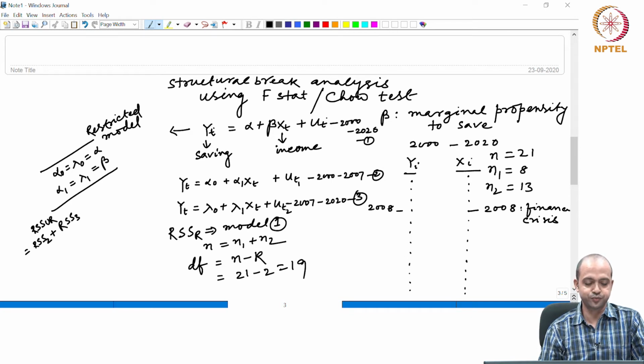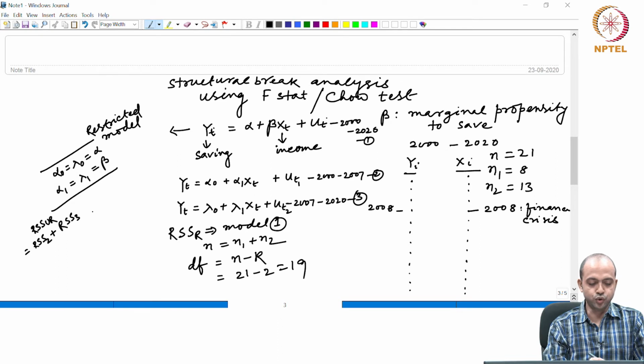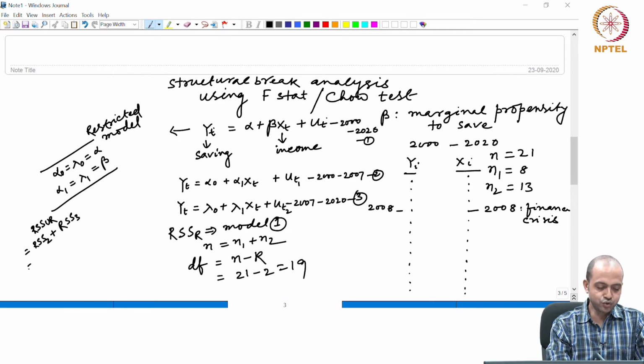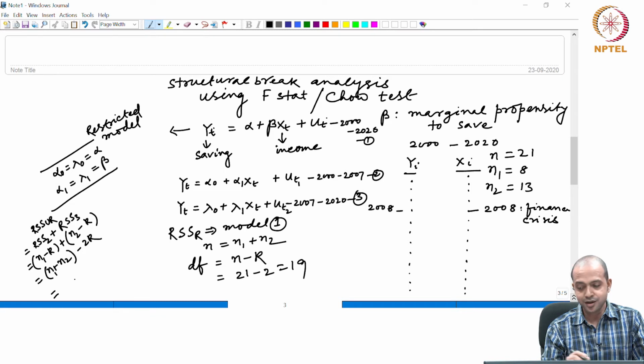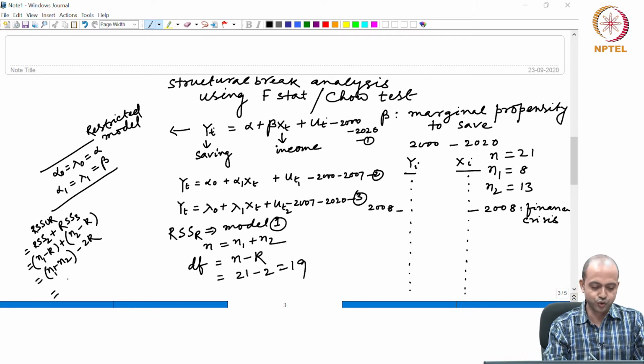There is no relation. So if you do so, then RSS2 degrees of freedom would be n1 minus k, and this also would become n2 minus k. So this would become n1 plus n2 minus 2k. And what is n1 plus n2? That is n, and n here is 21.